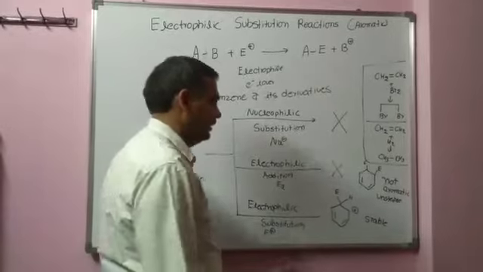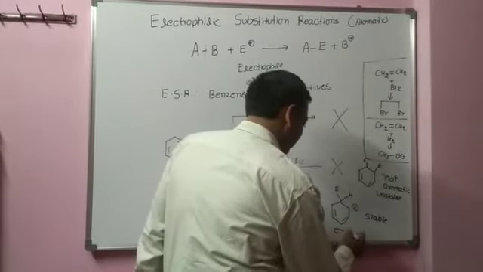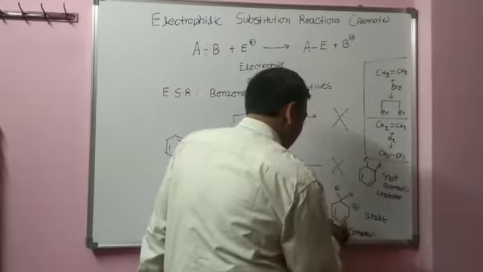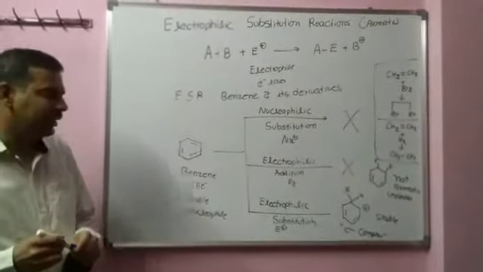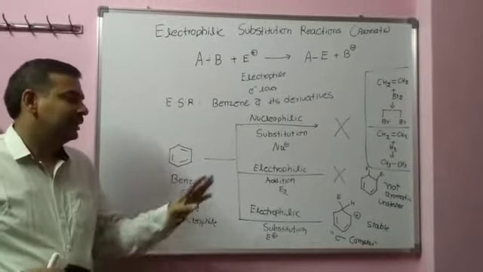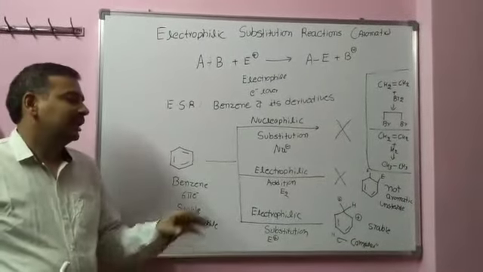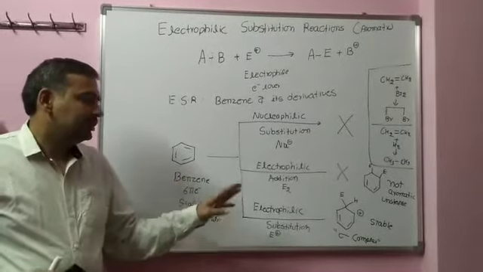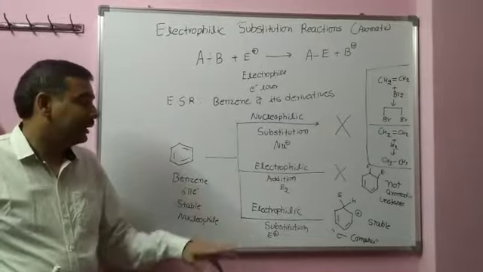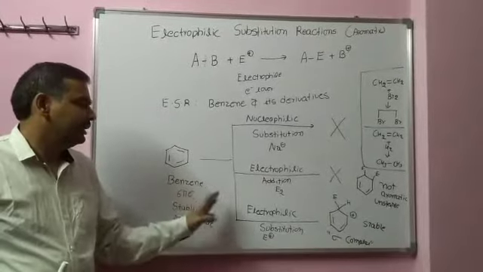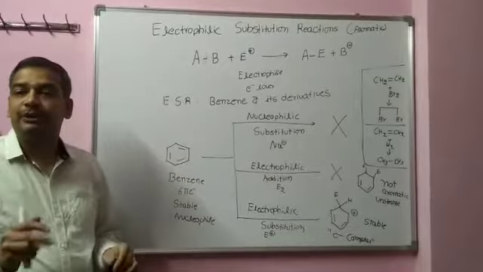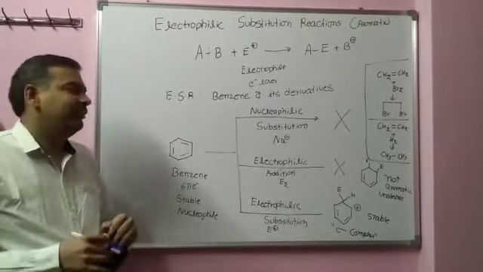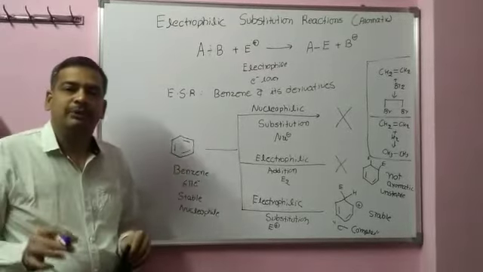This type of complex is called a sigma complex. This sigma complex is found only in electrophilic substitution reactions, and it is the most stable. There are 3 resonating structures possible for this sigma complex. Since a stable sigma complex is formed as an intermediate, benzene undergoes electrophilic substitution reaction. So the conclusion is that benzene and its derivatives undergo electrophilic substitution reaction.